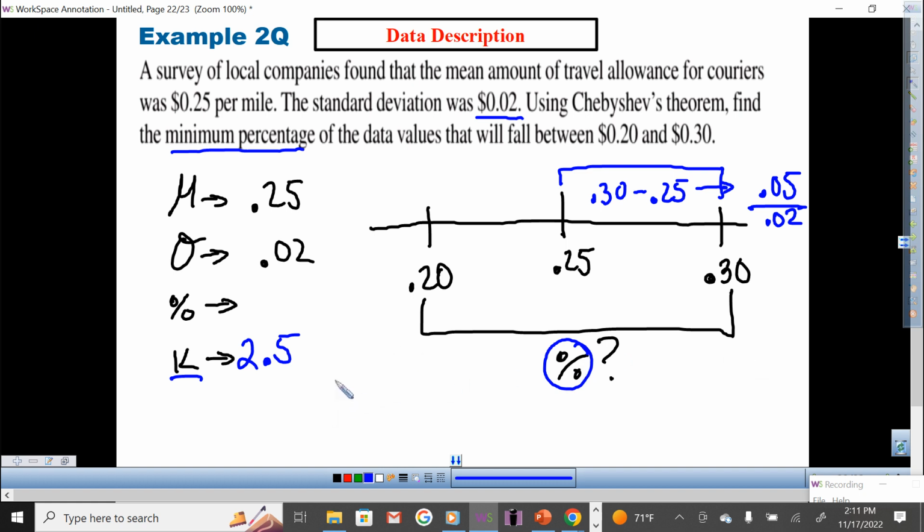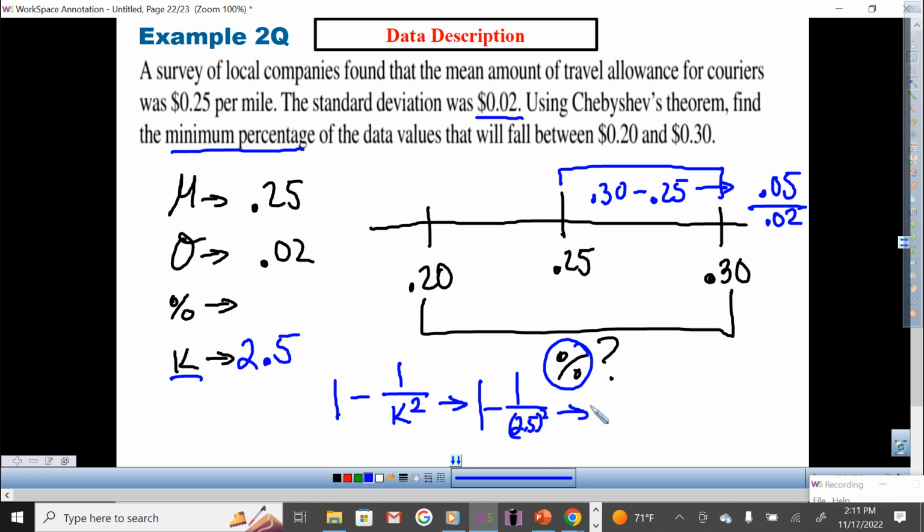So how do we find that? Well, that's where we get our formula: 1 minus 1 over k squared. Remember that we started with this at the curve? So, tell your neighbor what to write for that. 1 minus 1 over 2.5 squared.